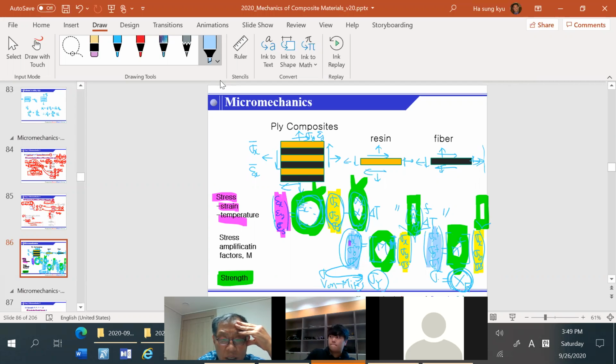So using that, we can tell whether resin fails or not. Also, we can tell whether fiber fails or not. But in resin, mostly plastic behavior. In fiber, mostly brittle failure. So that is how we define the ply strength. Ply strength can be given as the resin failure or fiber failure. So that's the subject we would like to cover.